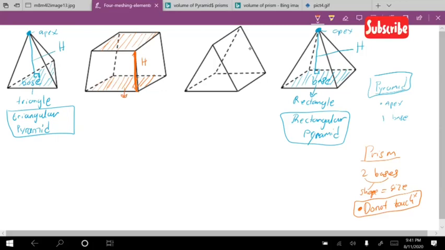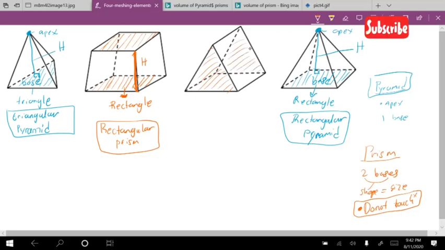The shape of the base is the same, and one of them is a rectangle. So we call this figure a rectangular prism. And remember, this is another prism, and the only sides that do not touch each other are this side and that side.